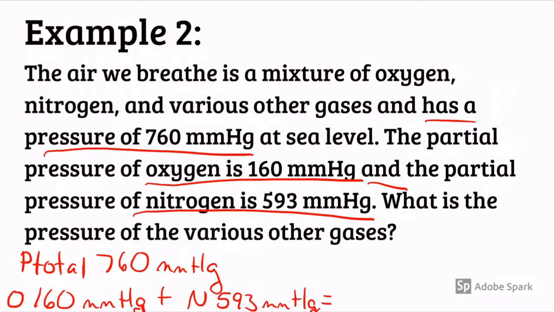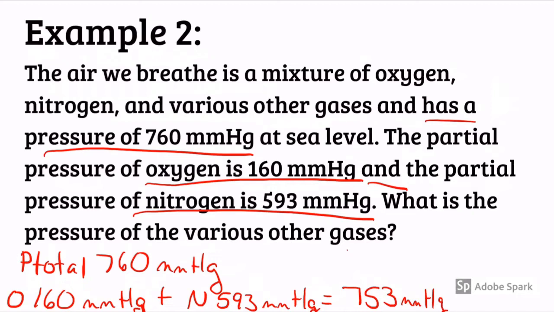And that's for a total of 753 millimeters of mercury. So oxygen plus nitrogen is 753.